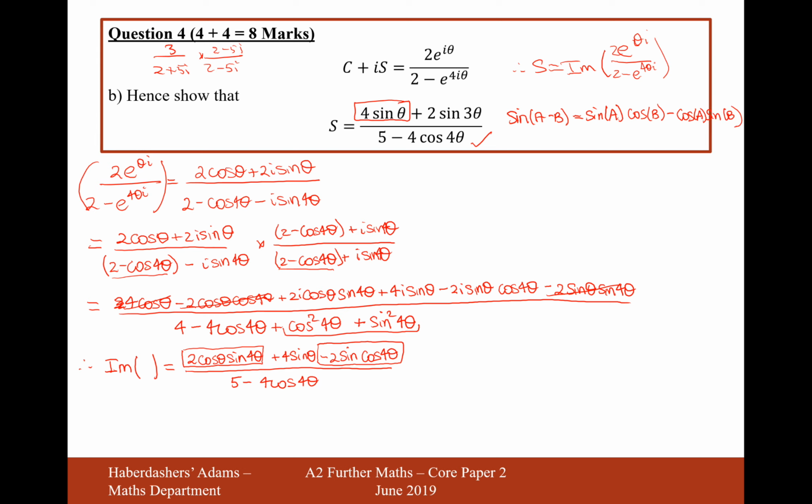Okay, let's see if we can use that here. If we set A equal to, which way would it be best round to do it? If we set A equal to 4 theta and B equal to theta, then this is going to be sine of 4 theta minus theta.